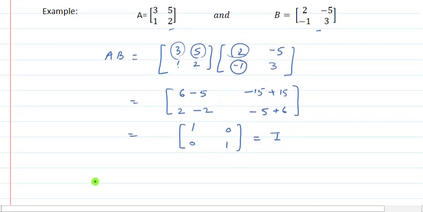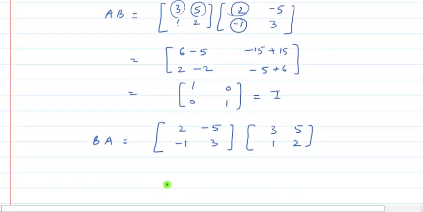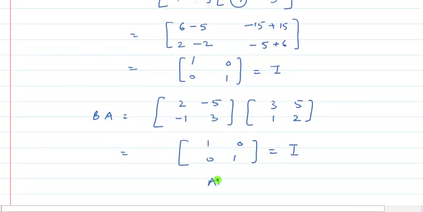So on calculating BA, let us write B at the first position, 2, minus 5, minus 1, 3, and then 3, 5, 1, 2. Multiplying in the same way, we are getting the product as again an identity matrix, that is 1, 0, 0, 1, which is I. So the condition that AB is equal to BA is equal to I got satisfied.